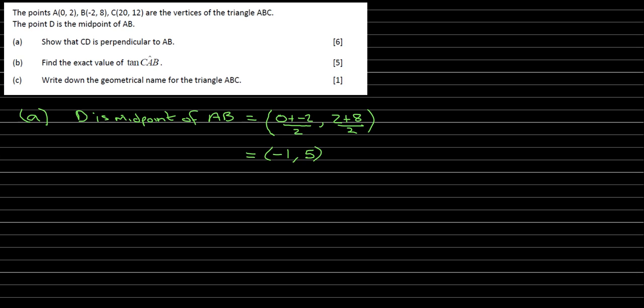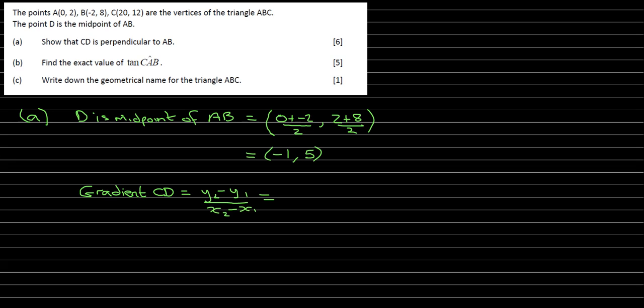So to show that they're perpendicular, we need to show that the product of their gradients is equal to minus 1. So the gradient of CD is going to be equal to y2 minus y1 over x2 minus x1.